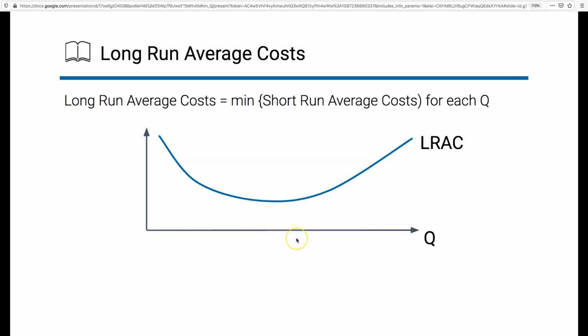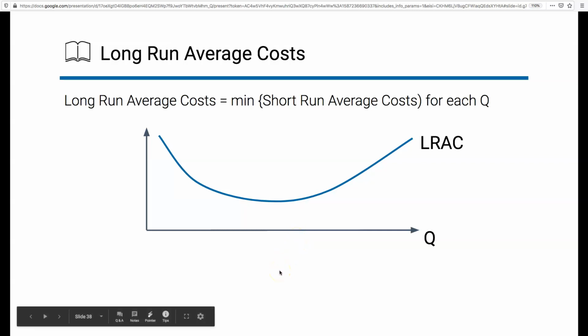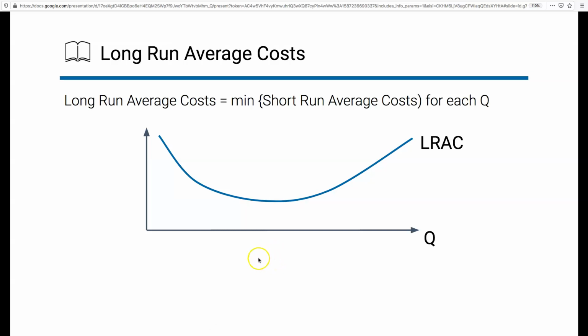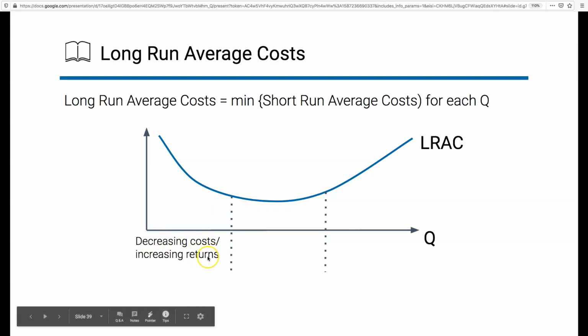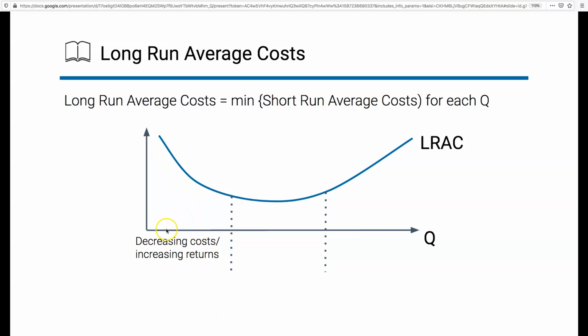Finally, another thing that we need to know about the long run cost curve. We can break it into three regions: the region where the costs are decreasing, so the slope is negative, the region where the costs are relatively the same, and the region where the costs are increasing. The first region with decreasing long-run average costs is called the increasing returns or economies of scale region. Companies operating in this region decrease their per unit cost of production by increasing output.